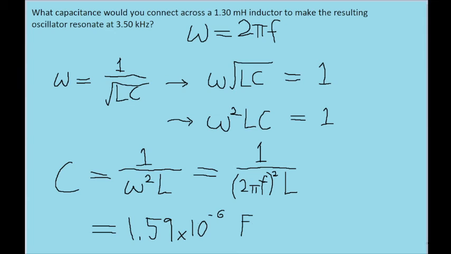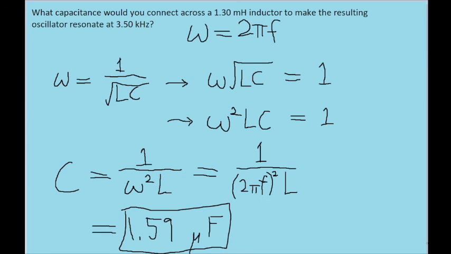So we just want to multiply this answer by 10 to the power of positive 6, which fundamentally all that really does is it's just going to remove this term entirely. So in the end, we are able to write our final answer as 1.59 microfarads. And that is the solution to this problem.